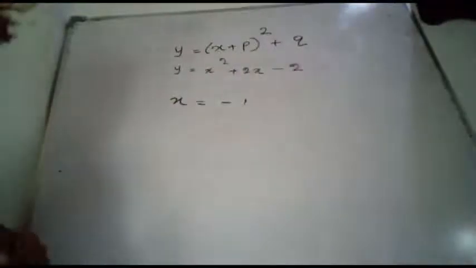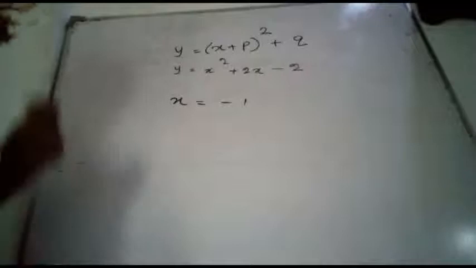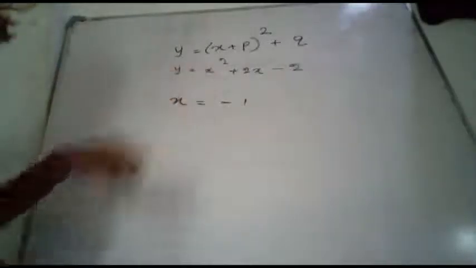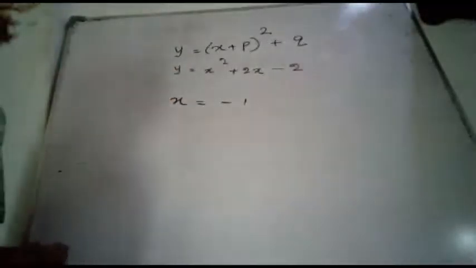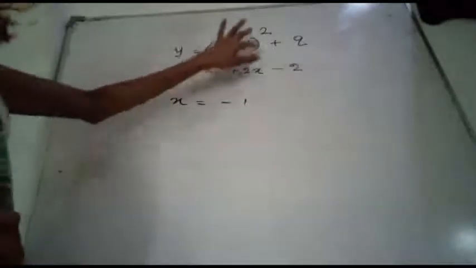Now we can write this quadratic equation in the form of y equals (x plus p) squared plus q.